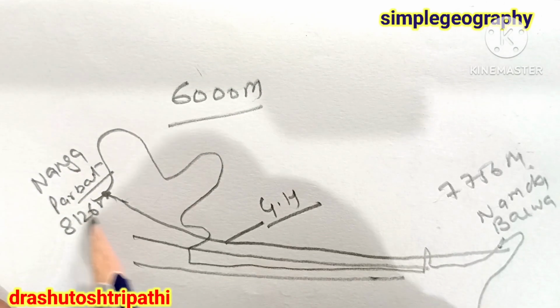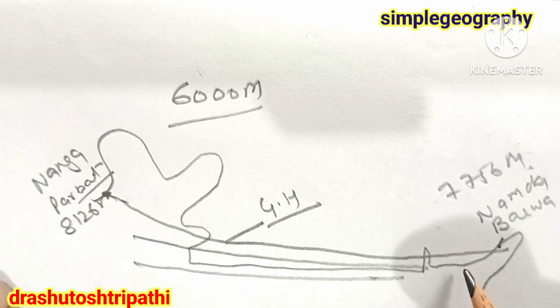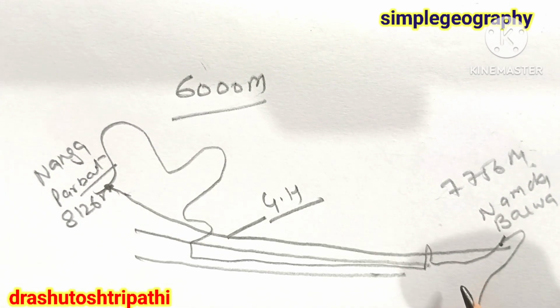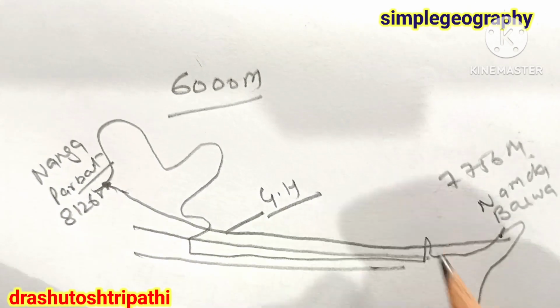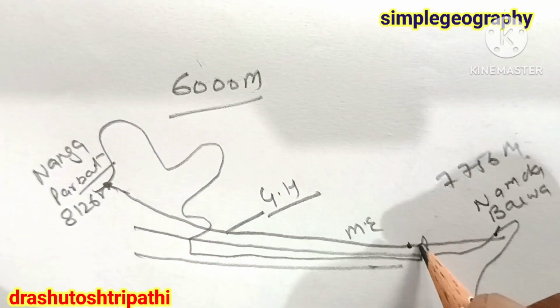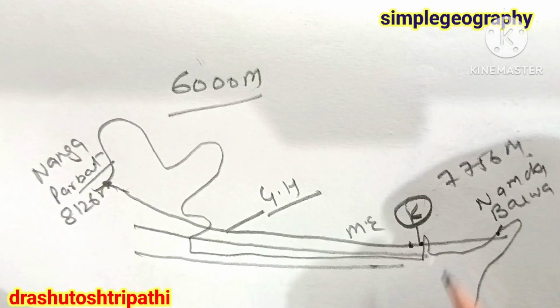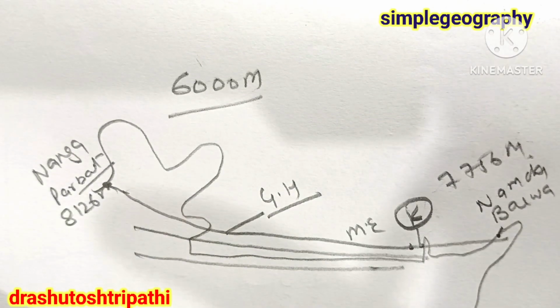So from Nanga Parbat to Namcha Barwa, the Great Himalaya region is found. An important characteristic is that we find a large number of glaciers, Gangotri, Yamunotri, from where the Ganga river originates, and also the highest peak of the world, Mount Everest. Apart from that, the highest peak of the Himalaya in India, Kanchenjunga, is also found in this Himalayan range.